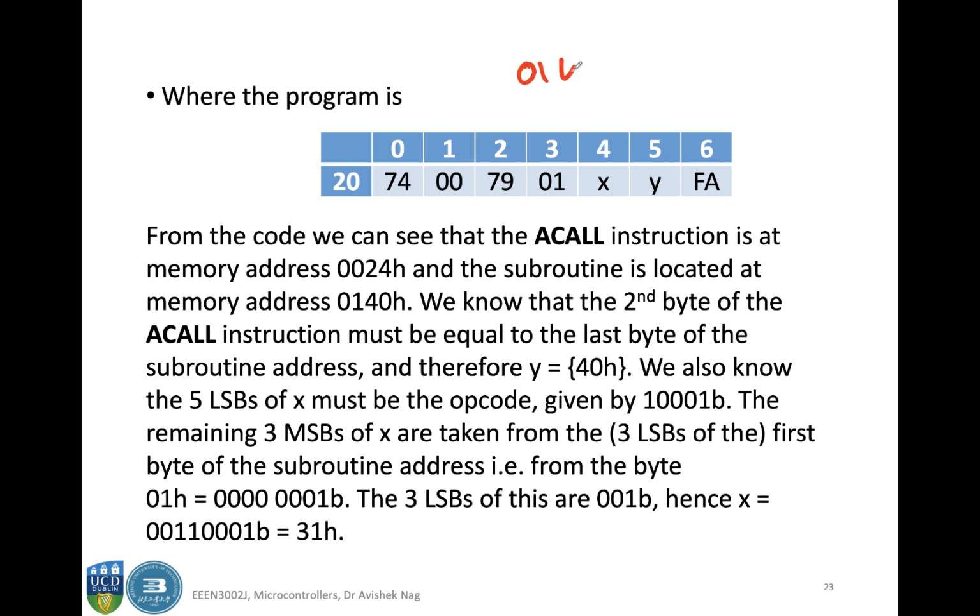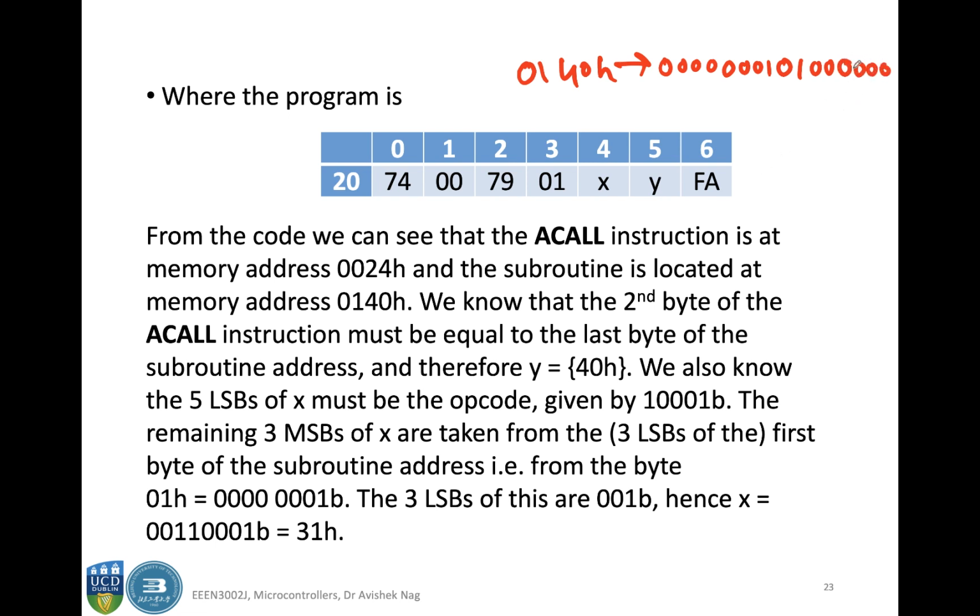0140, this is in hex, so these are the 16 bits of your subroutine address. So if you write it in binary form, this 0 will correspond to 4 zeros, this 1 will be this, then the 4 will be this, and then the zeros will be this.